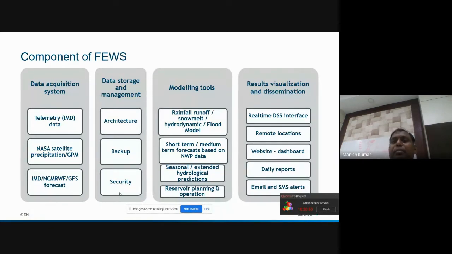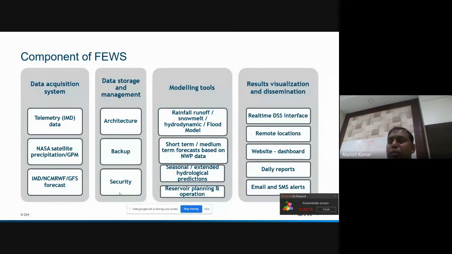So depending on your project requirement, you need different modeling tools, and these modeling tools you need to activate in terms of a forecasting system. The forecasting system is nothing but, in the rainfall-runoff model you have a time step: you have rainfall for the next 10 days from now, so you will get runoff for the next 10 days.